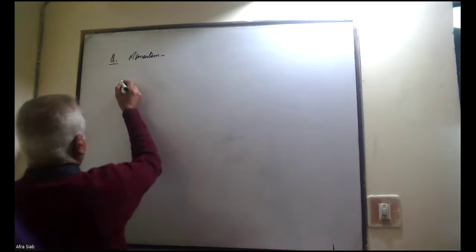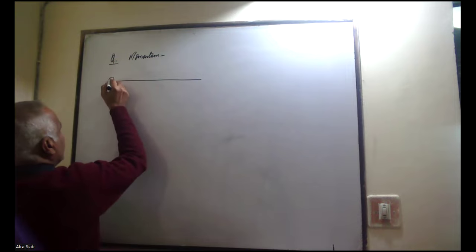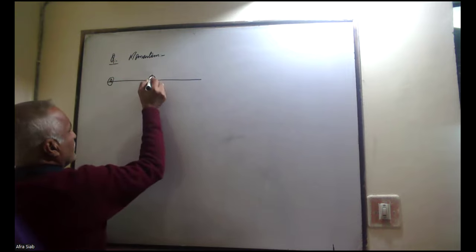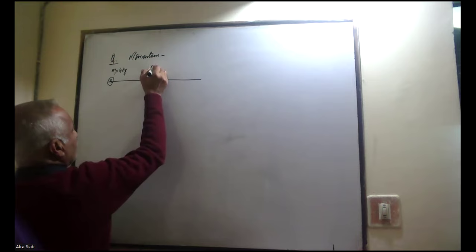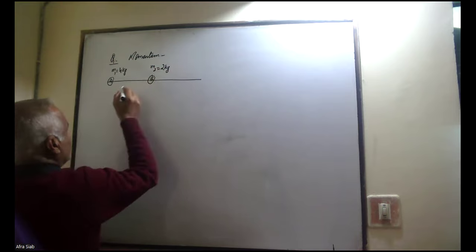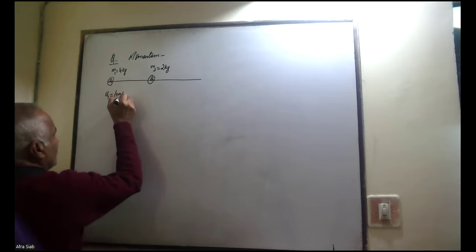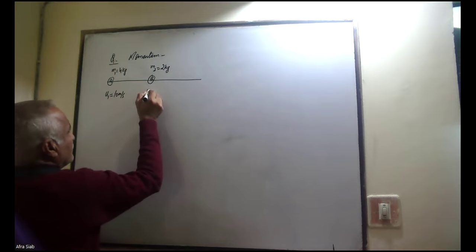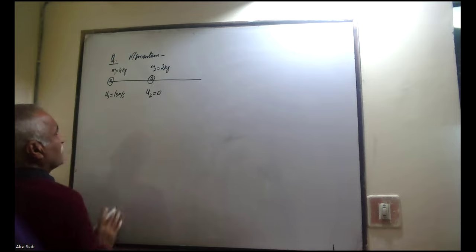So let's say these are the two particles, A and that is the particle B. The mass of this particle is 4 kg and the mass of this particle is 2 kg. A is moving with the speed of 10 meters per second, whereas particle B is at rest.